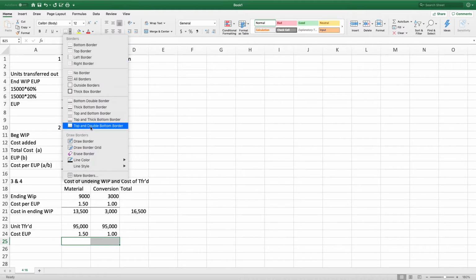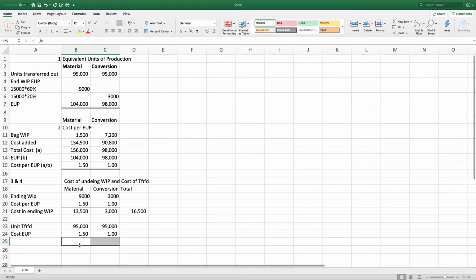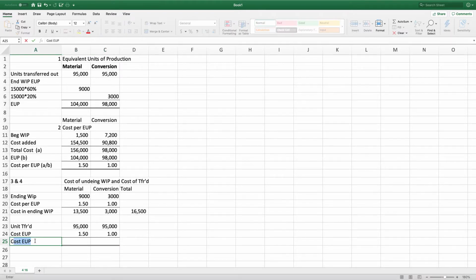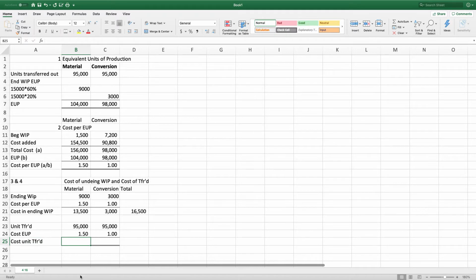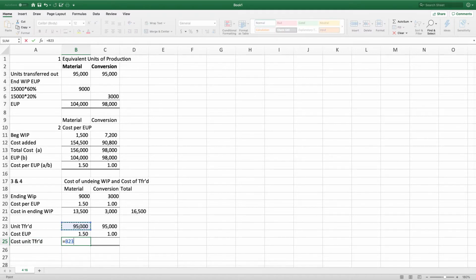I'm going to put in my double border here. In the cost, how do I word that? Cost of units transferred out. Take the 95,000 times the cost of $1.50 with respect to material.